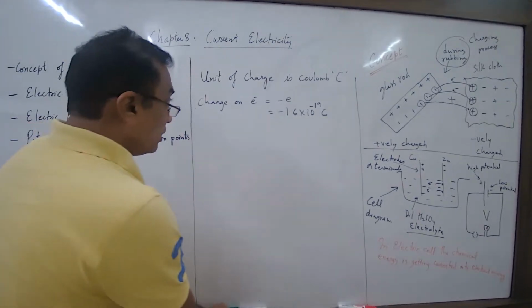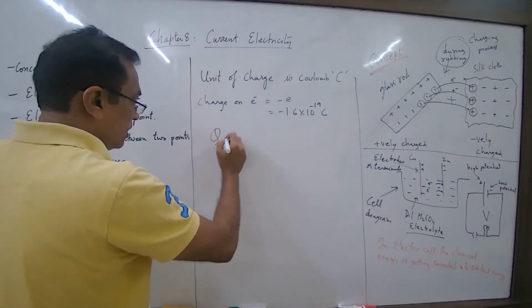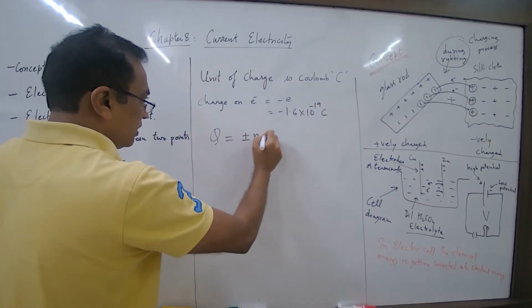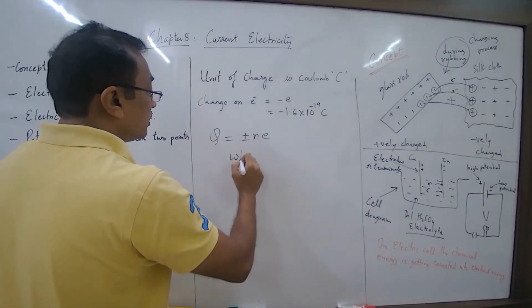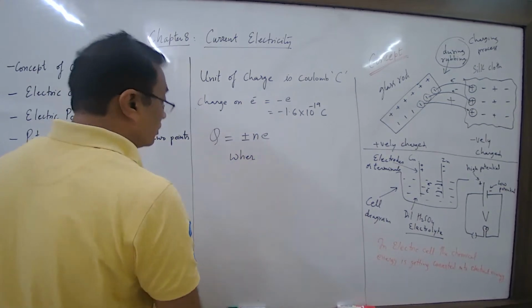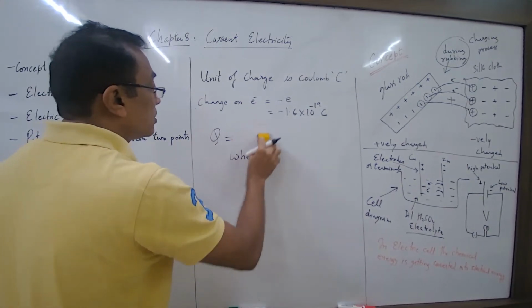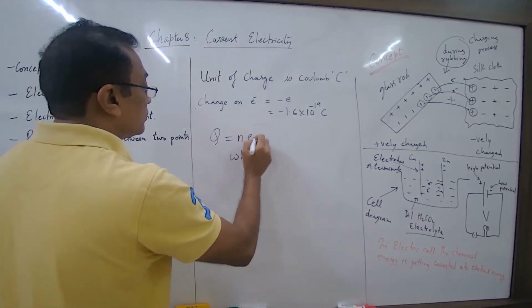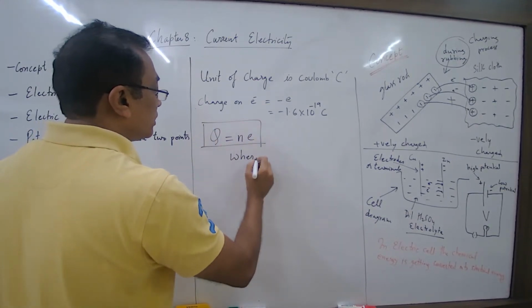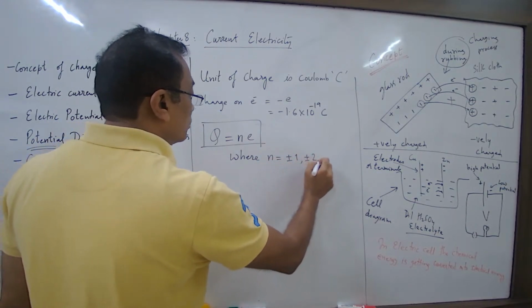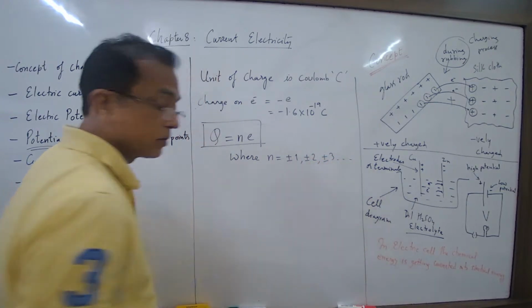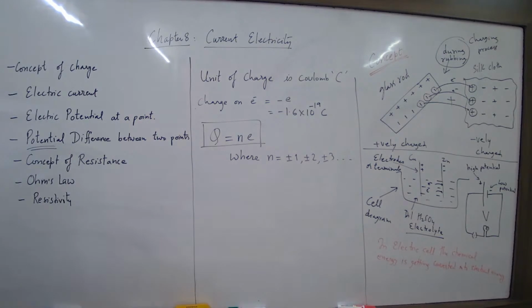So therefore, charge is always given as nE, where n is equal to plus minus 1, 2, plus minus 3, like that. You will never have 1.5 or 1.3, that will not come. 1, 2, 3 integral multiples.